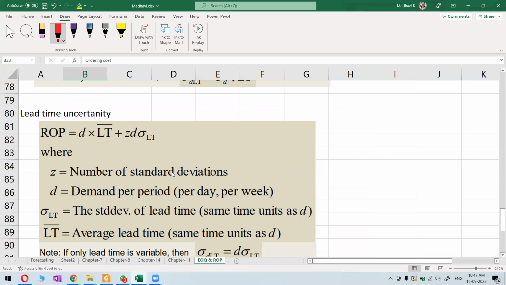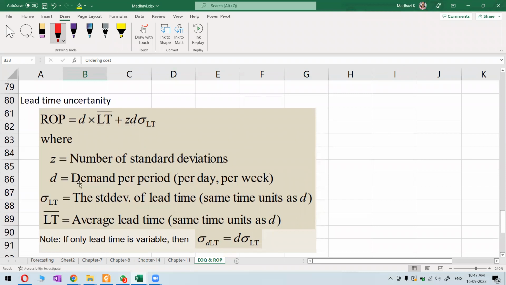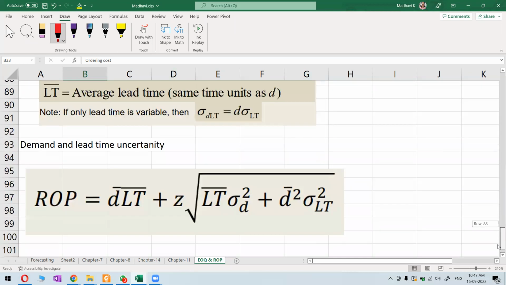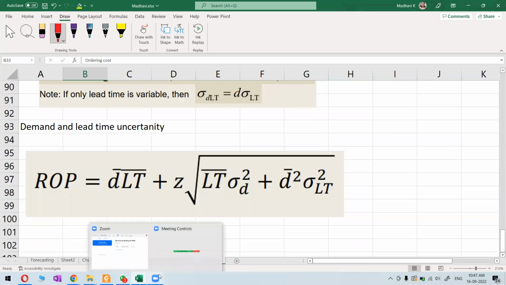Here we can just remember the formula and then substitute those values, because these are pure mathematics with which they are derived. So there is no need to derive these formulae. Another case is when both demand and lead time are uncertain. So here we are considering average of demand and average of lead time plus Z score of these.